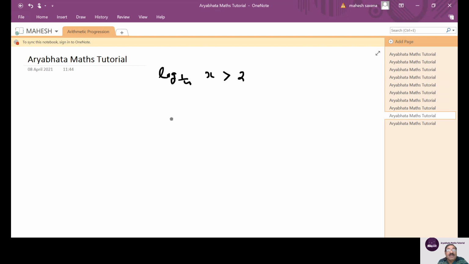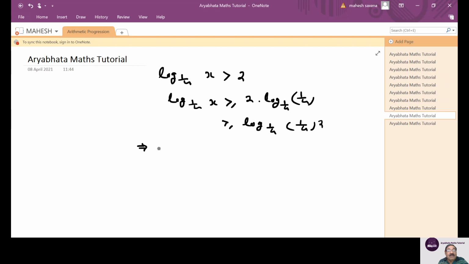We can write it as log base 1 by 4 of x greater than or equal to 2 times log base 1 by 4 of 1 by 4. That is log base 1 by 4 of (1 by 4) squared, which implies log base 1 by 4 of x is greater than or equal to log base 1 by 4 of 1 by 16.